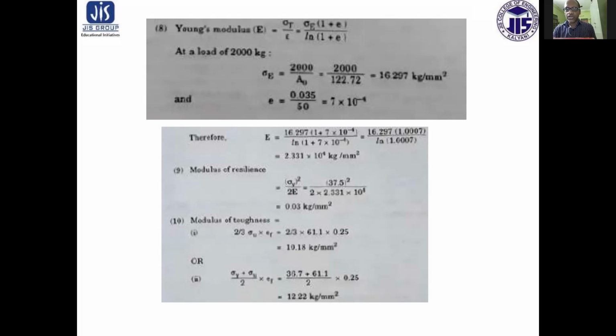The second equation is more correct. The sigma y value we know, that is the lower yield point, 36.7, plus sigma u, the ultimate tensile strength, 61.1 kg per mm square, divided by 2, multiplied by EF, that is the elongation at fracture. So we get the corrected value of 12.22 kg per mm square.